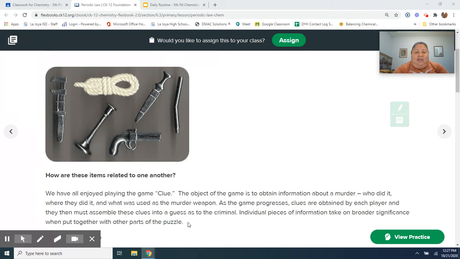Some cards will say this person was in the library with another person. Like the butler is in the library with the maid, and then it'll say the cook was in the kitchen with the valet, which is the person who does the driving, the driver.